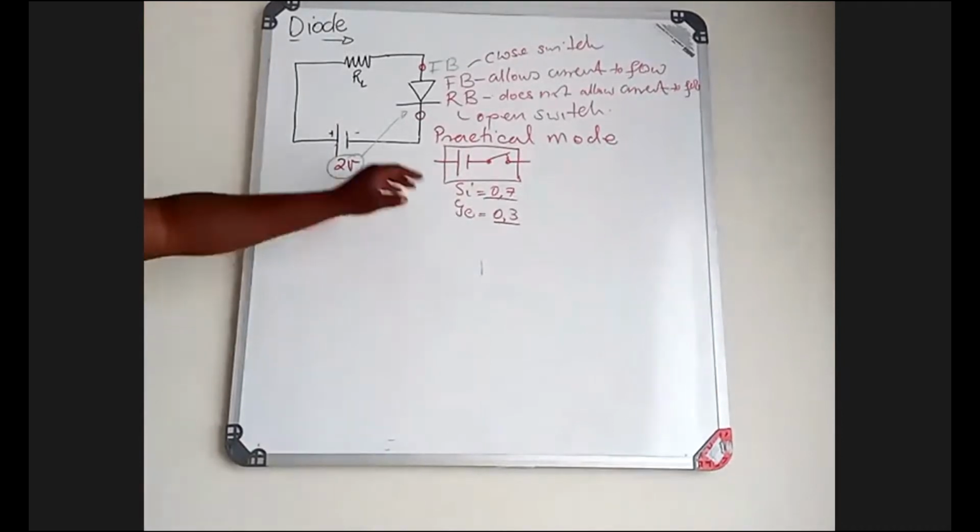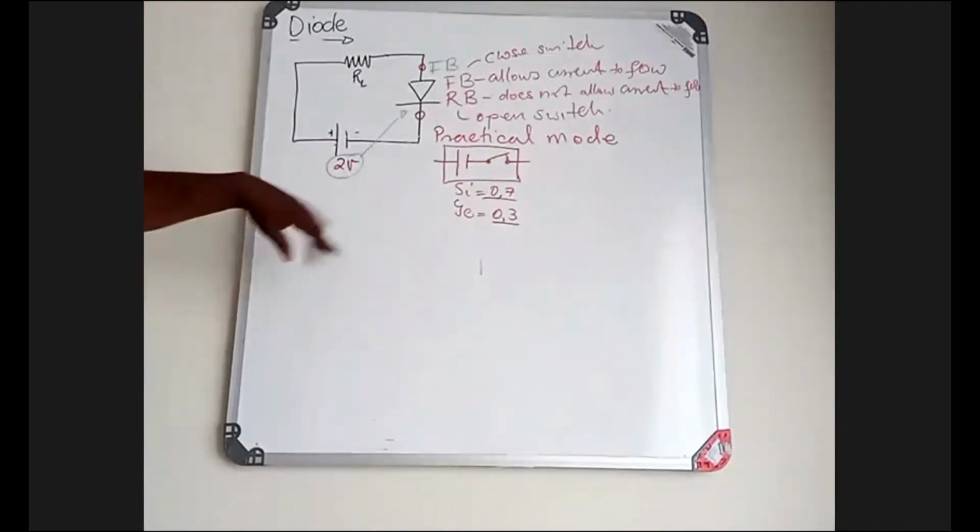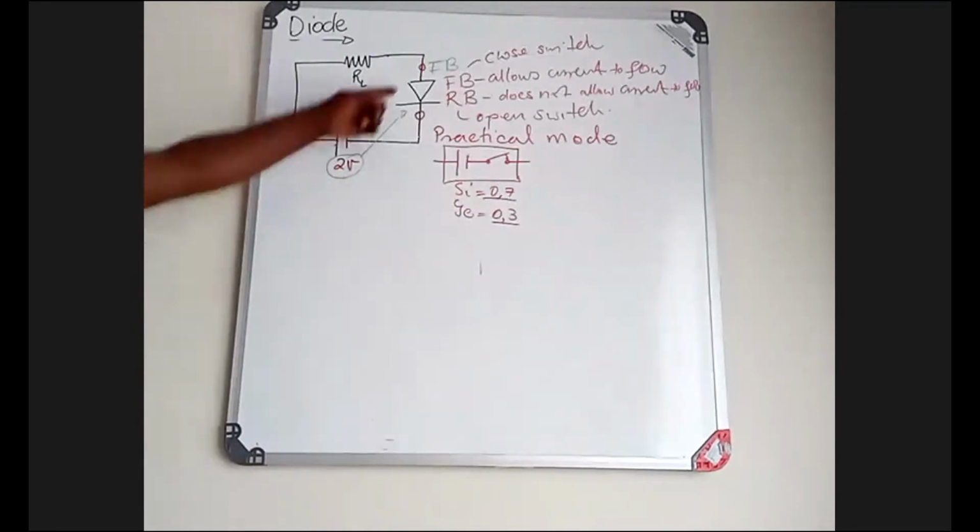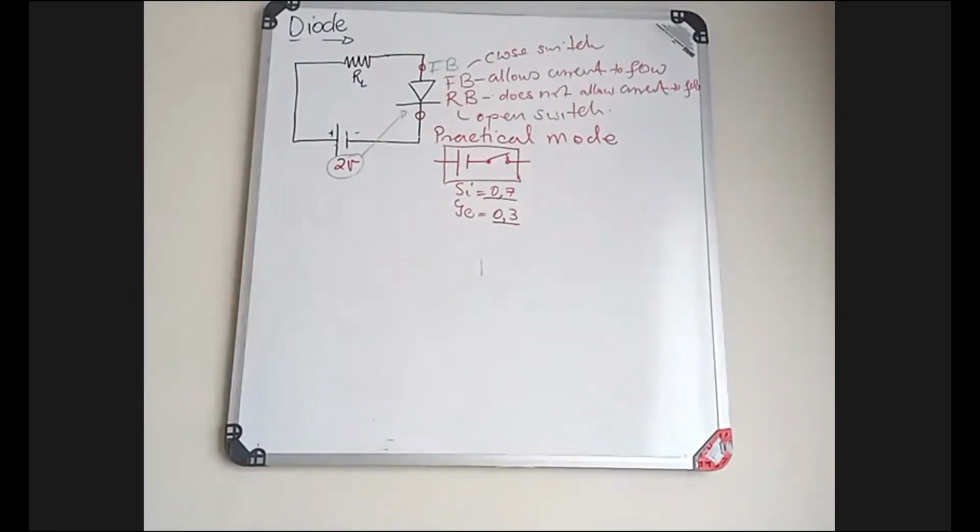Once I measure either of these two voltages, that component is functioning properly, and that is defined as a forward bias mode.